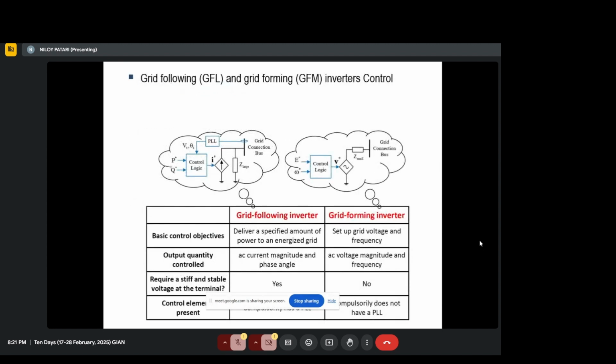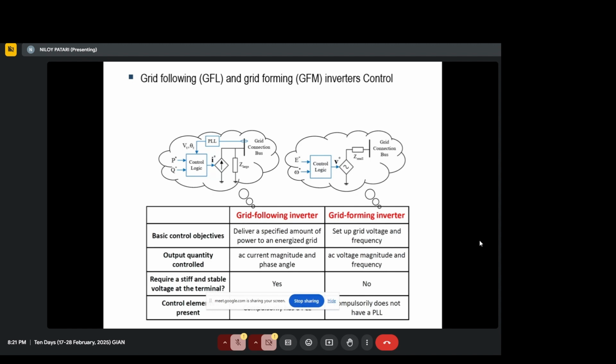The other important control modes for inverters are grid following and grid forming. Grid following means you have a converter connected to the grid, but it just follows the grid.